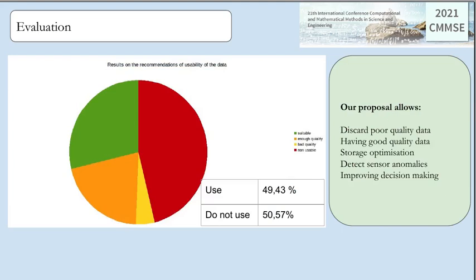In this section about the evaluation of the reading processes, we have obtained that almost half are validated as usable. Our proposal allows discarding poor quality data, keeping good quality data, storage optimization, detecting sensor anomalies, and improving decision making.